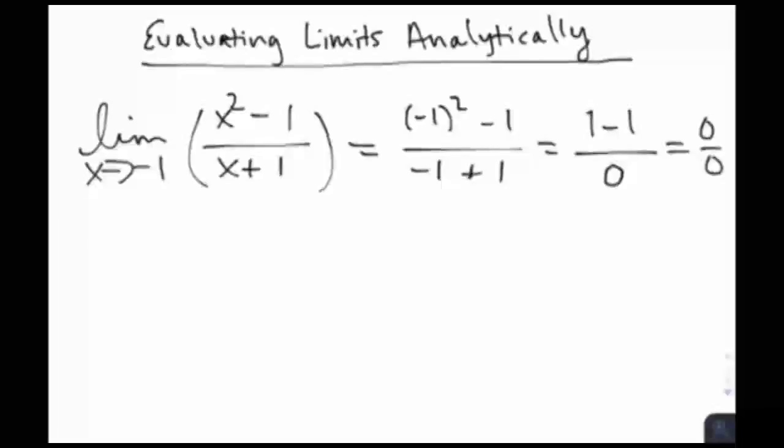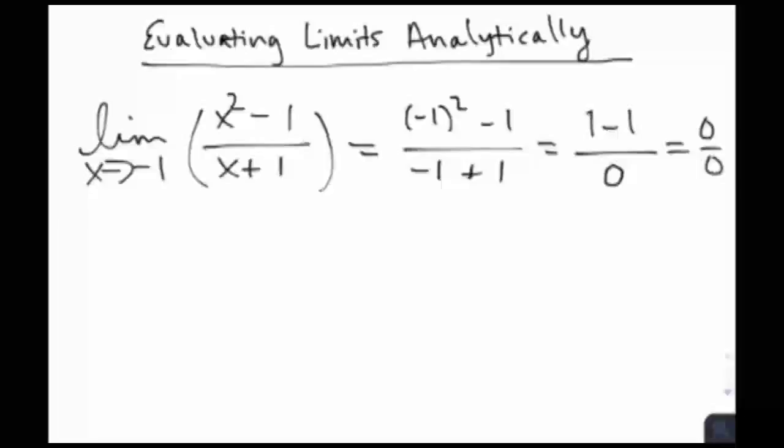We did it numerically. I talked about it being done graphically, where you'll see just a normal line graphed, but at x equals -1, you'll see a hole there because there will be no y value since it's an indeterminate form.